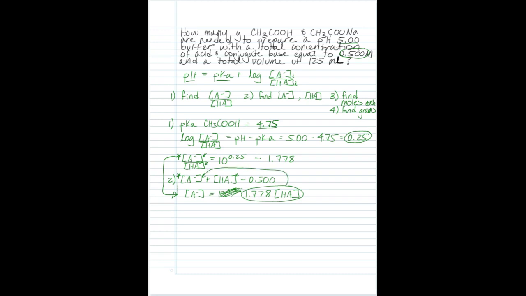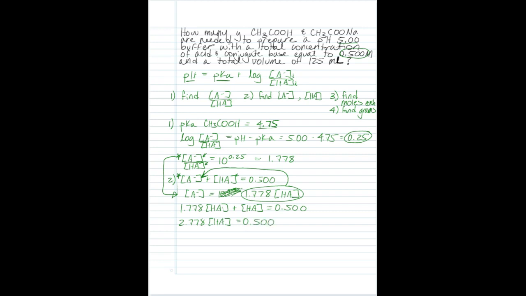So this is just solving using systems of equations. And so if I do that, I get 1.778 HA plus HA equals 0.500. Okay, and so I'm adding two HAs together, so it looks like I can simplify this to 2.778 HA equals 0.500.